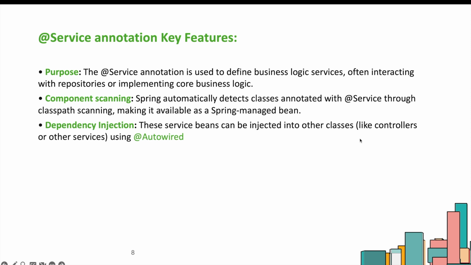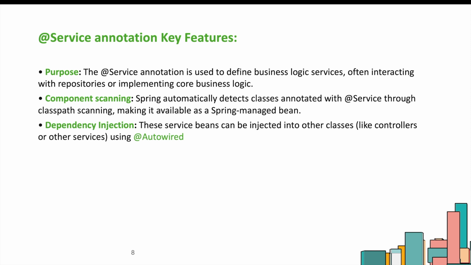Let's look at the key features of the @Service annotation. Mostly in the service annotation, we will be putting business logic, like validate the username, validate the customer data, and propagate some errors if the username is not correct or the username has special characters. Mostly this kind of business logic will be validated at the service layer.